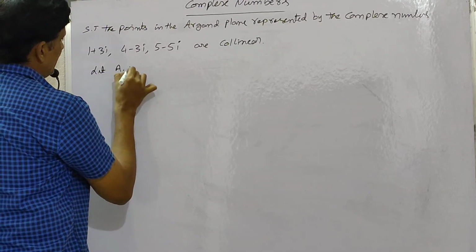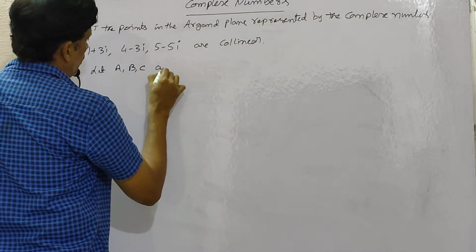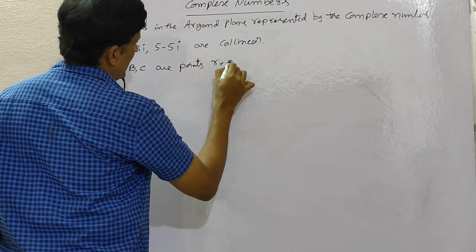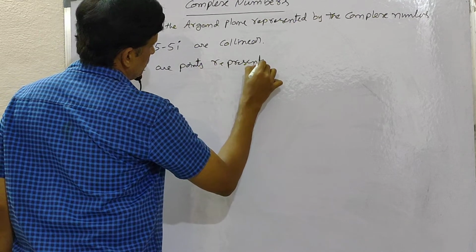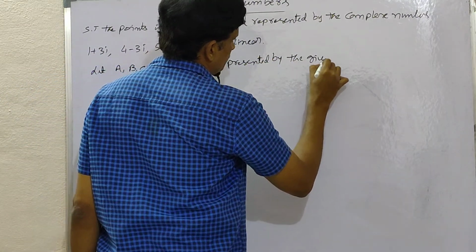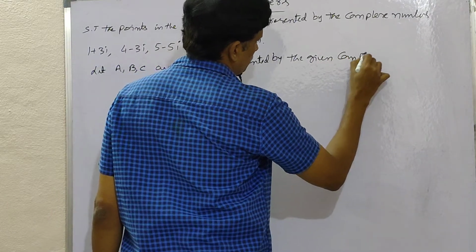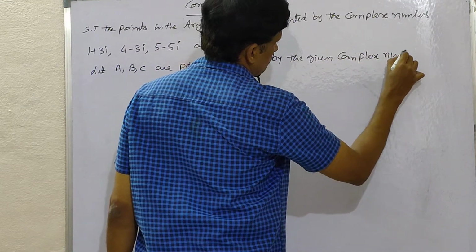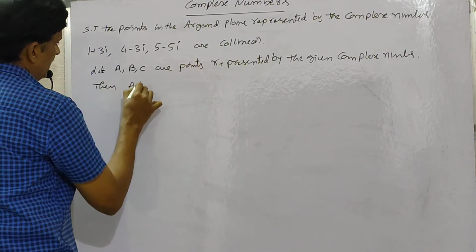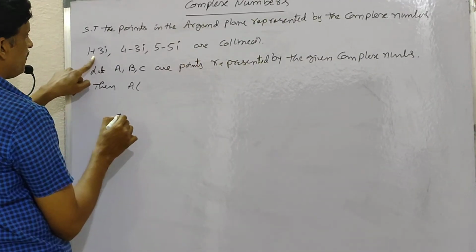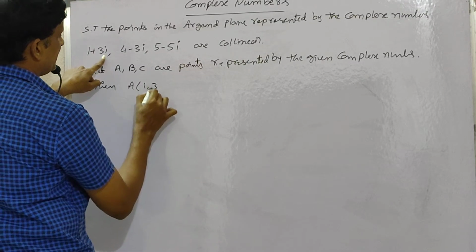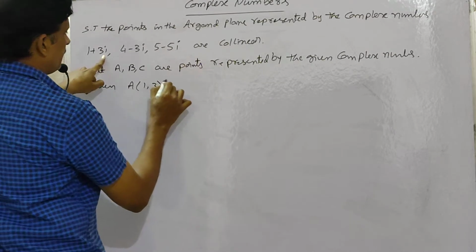Let A, B, C be the points represented by the given complex numbers. Then A will be, here the first complex number is 1 plus 3i. So real part is 1 comma, imaginary part is 3. So the point A is 1 comma 3.